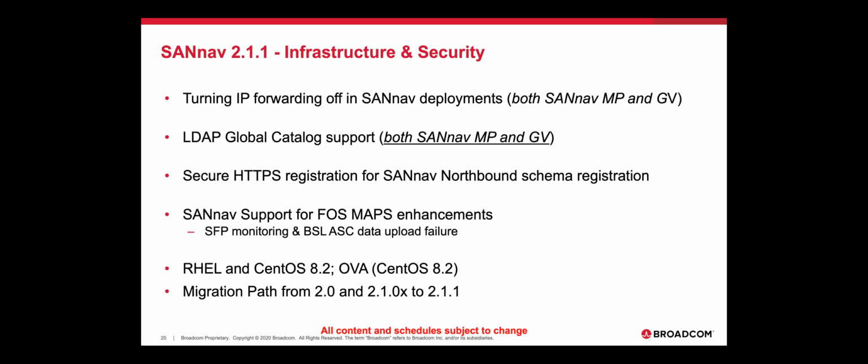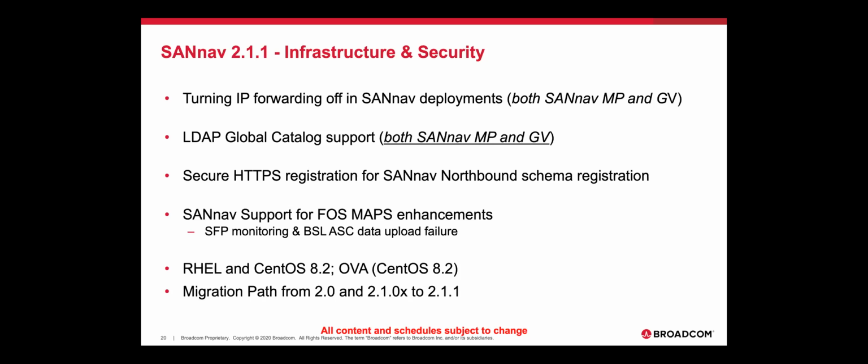And so with SANnav 2.1.1, all installations of SANnav will not rely on IP forwarding, and we recommend that you actually turn it off in your environment. We are also going to support LDAP Global Catalog. This is for customers that have multiple LDAP servers, 14 of them, for example. So instead of adding all 14 servers to do user authentication, they only enter one global catalog.